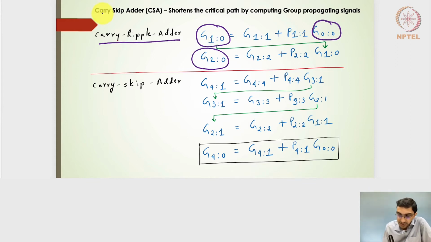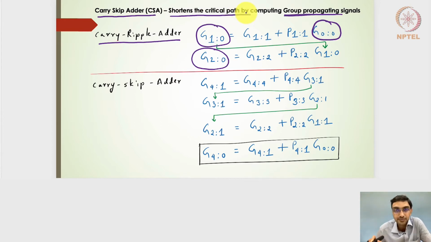Right. So the carry skip adder uses the same group generate signals, but it also utilizes the group propagate signals and then tries to shorten the critical path. If you remember the carry ripple adder, the critical path for generating the S16 was coming from all the group generate blocks, 15 block, 14 block, 13 block, all the way from one block.